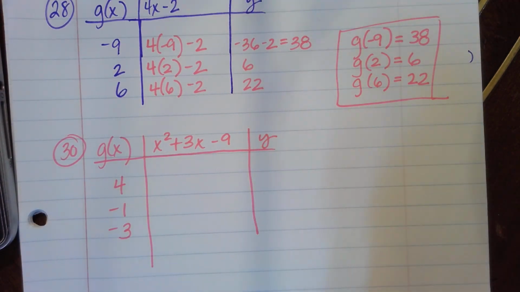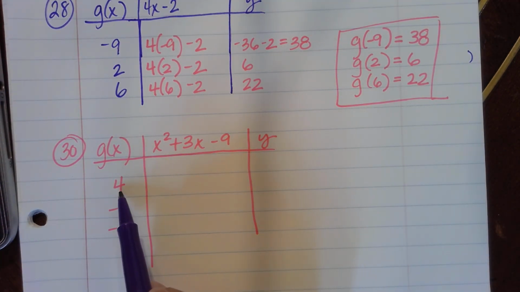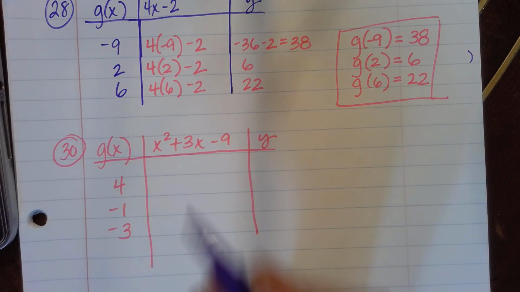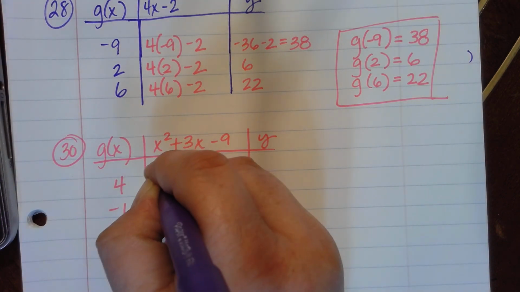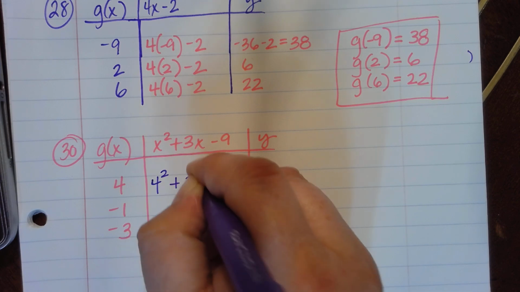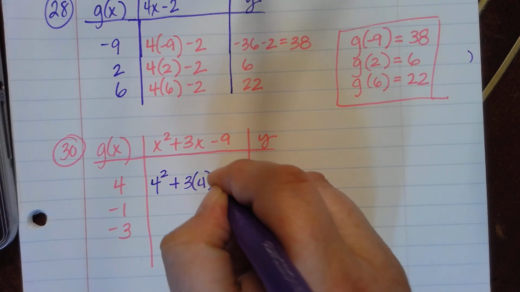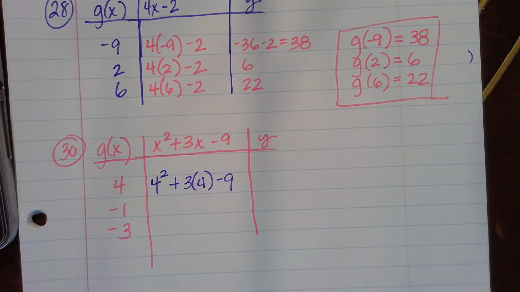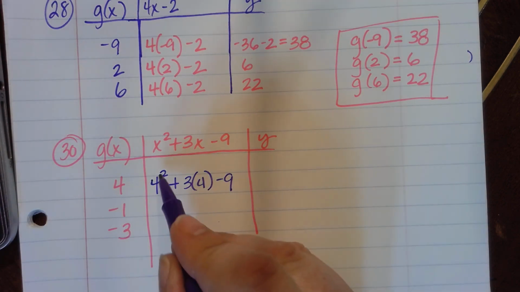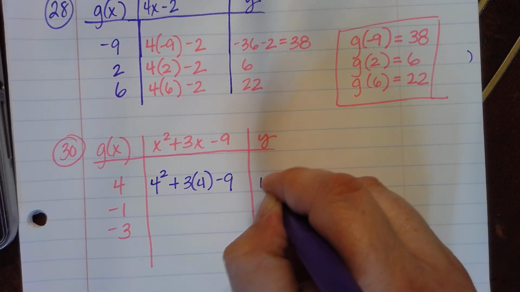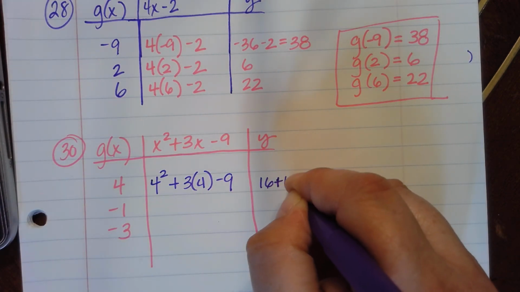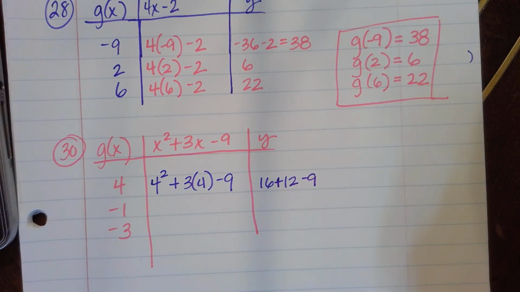So this is like saying your y. All right, we're now going to plug that 4 in every time we see x. So this will be 4 squared plus 3 times 4 minus 9. All right, 4 squared is 16 plus 12 minus 9.